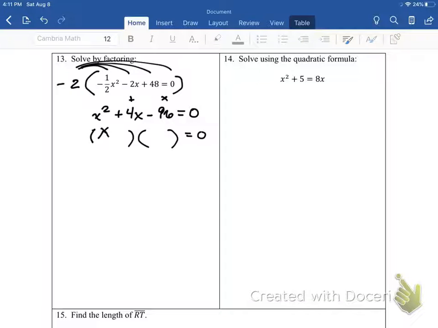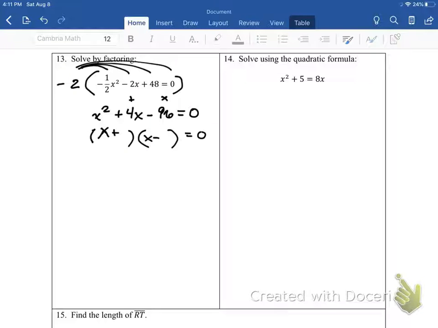So of all the factors of 96, what adds to be 4? So we're looking for numbers that are 4 apart because the signs are different to multiply to be a negative. And when you add numbers of different signs, they essentially subtract their absolute value. So we're looking for numbers that are 4 apart.